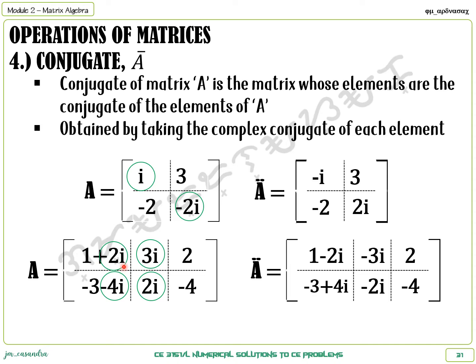If we have a combination of a real and complex number, then we will not do any change on the real number. We'll only apply our change in sign for your imaginary or complex values.